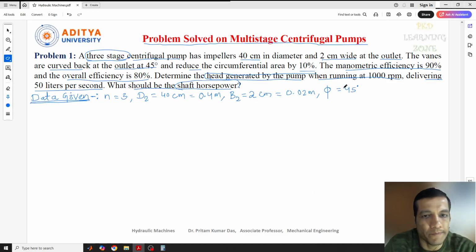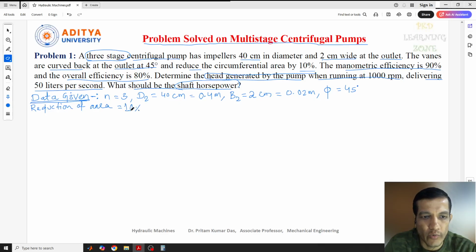And reduce the circumferential area by 10%. So a 10% reduction of area is there. So we can write the reduction of area. How much, we don't know, but it is given in the question that the circumferential area is reduced by 10%.